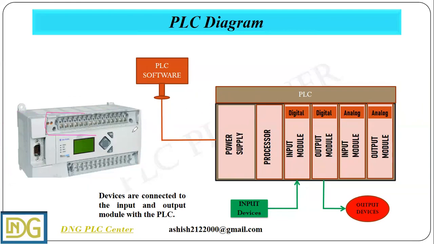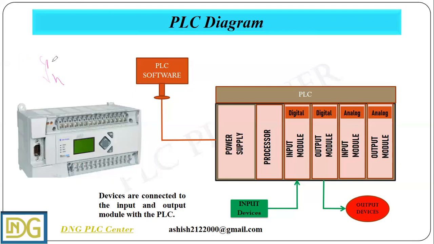So on the PLC, D is mentioned for digital and A for analog. If you are buying a PLC in the market, the manufacturer tells you the number of inputs and outputs.